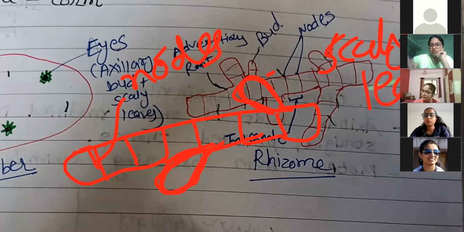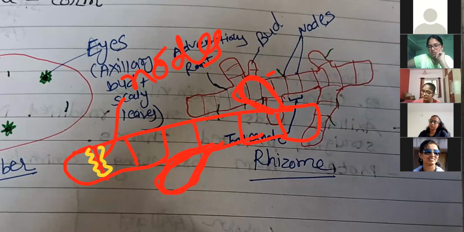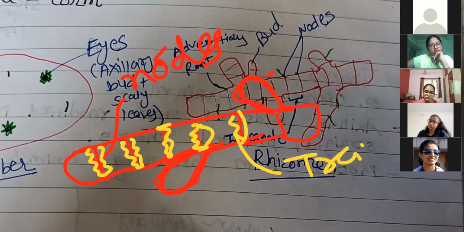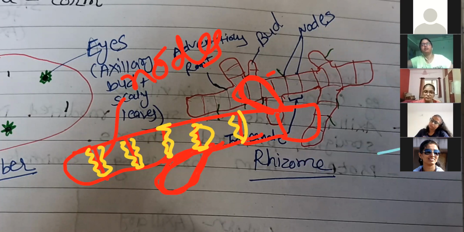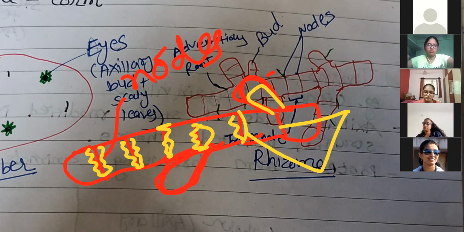Scaly leaves are actually present on that entire nodal region. Demarcations you can observe in this entire region, where scaly leaves are present, which are transparent. Okay, you have to observe fresh ginger. So on ginger, these are the nodes, right? Then small buds are present.